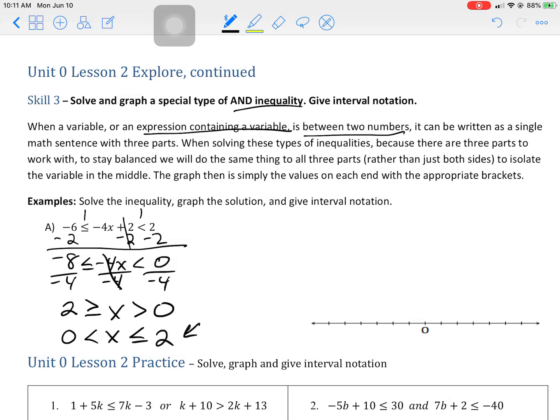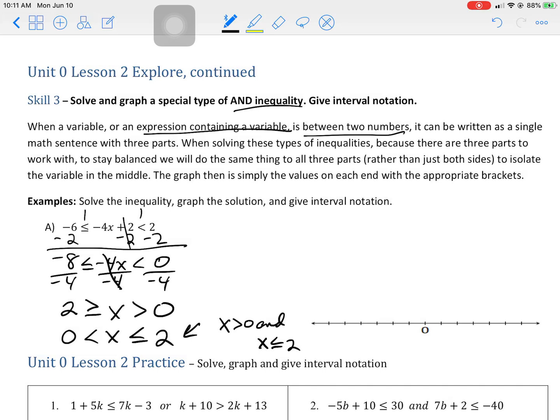How do you read this? This is x is greater than 0 and x is less than or equal to 2. That's another way to say it's an and, when they're shoved together like that.